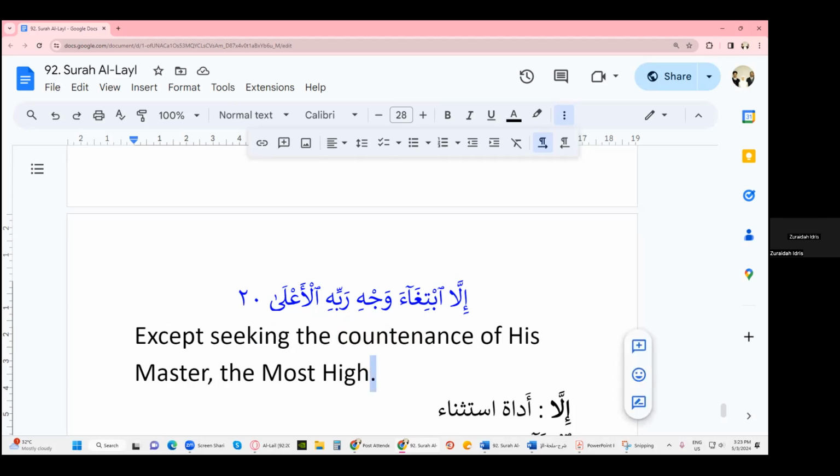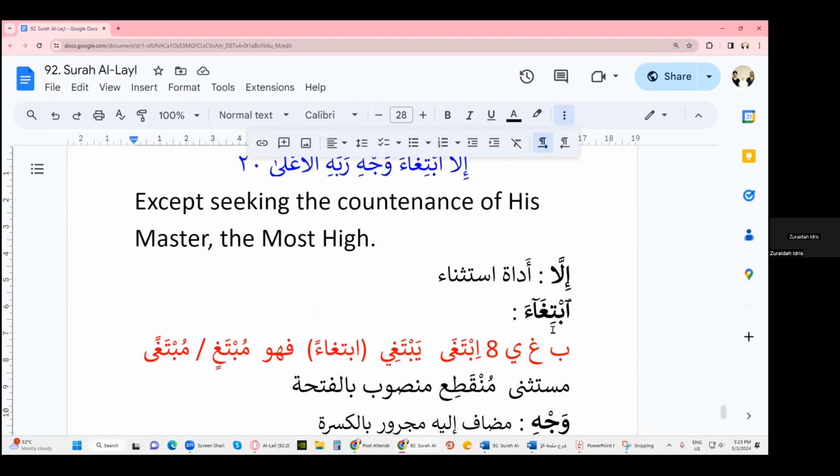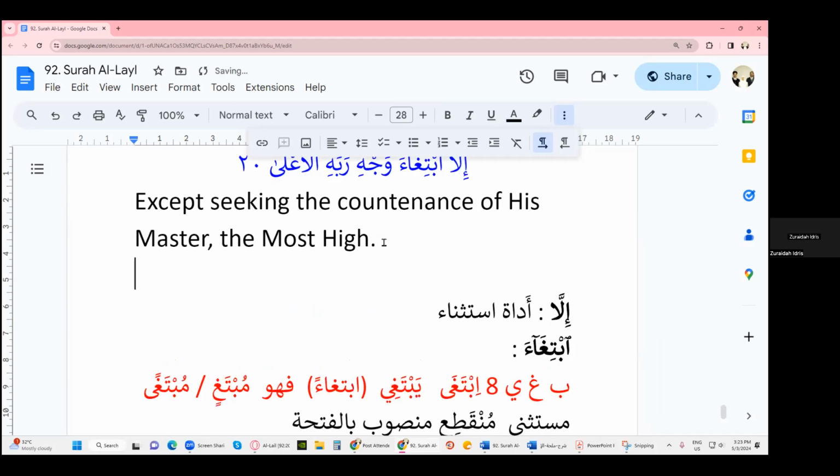Now, if I give you the alternative translation, then you tell me if you can figure out what else ibtigha'a can mean. Ibtigha is a mansub, right? So there are lots of things that can be mansub.